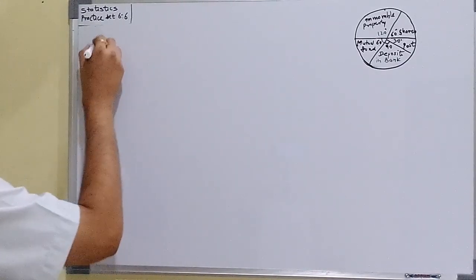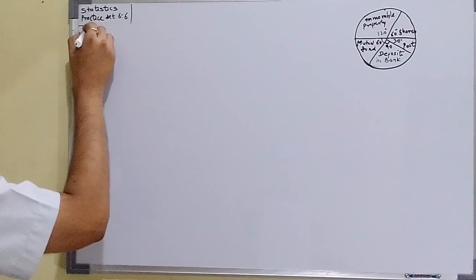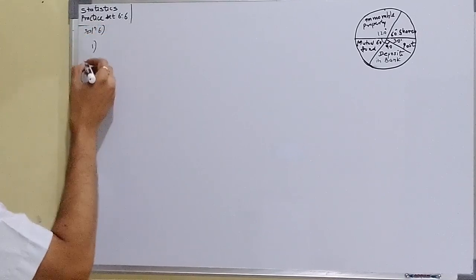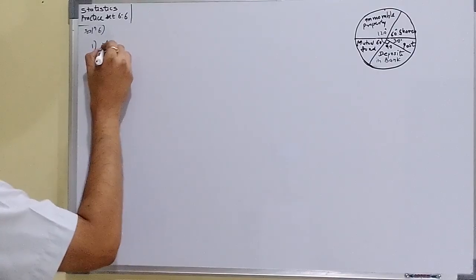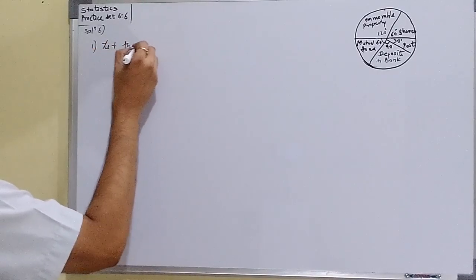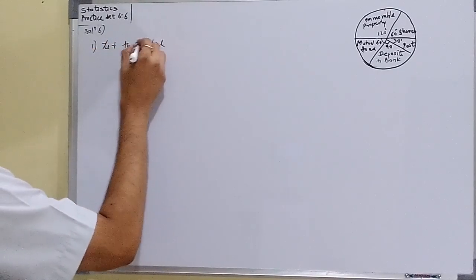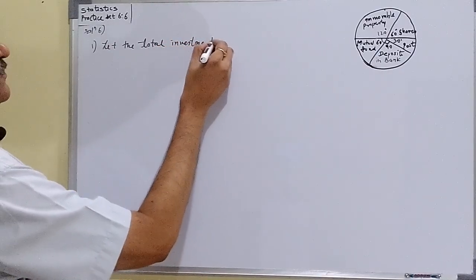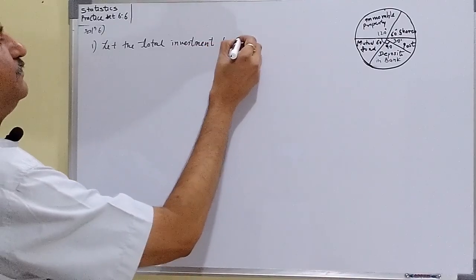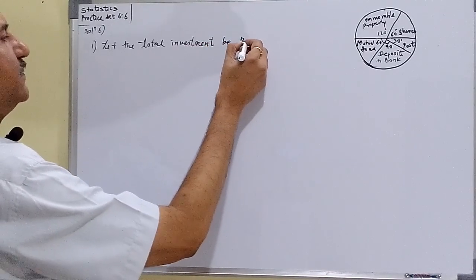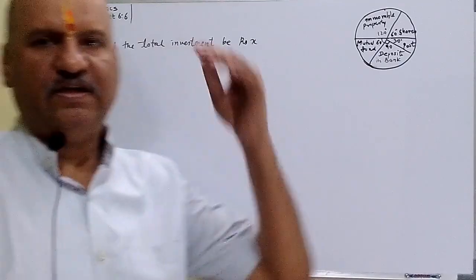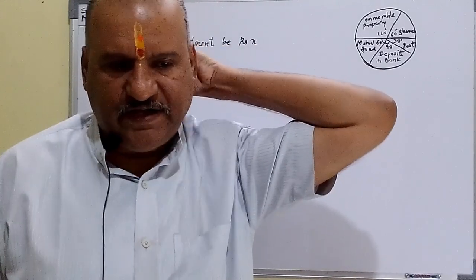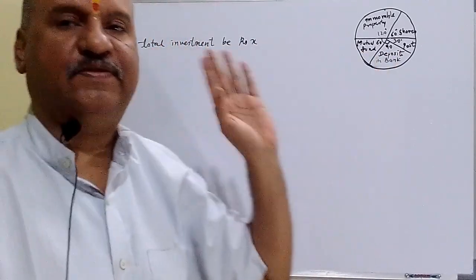So पहला है, this is solution 6. Let the total investment be rupees X. We don't know how much the family has invested in various schemes.